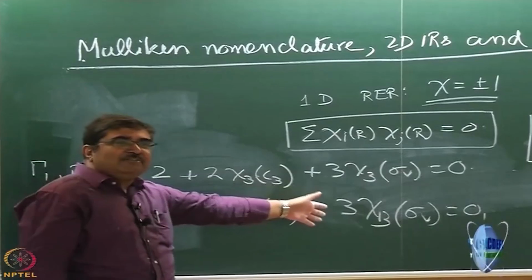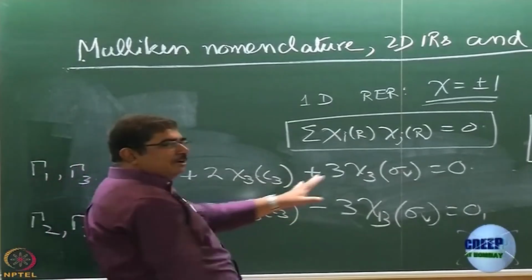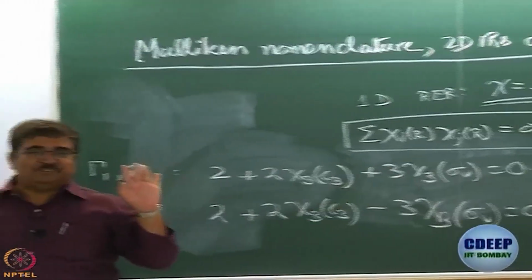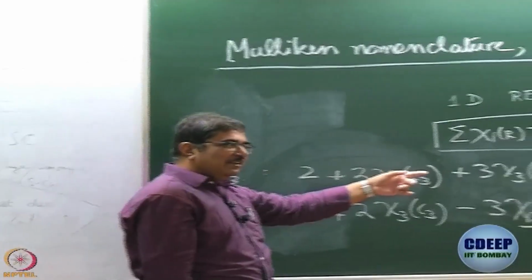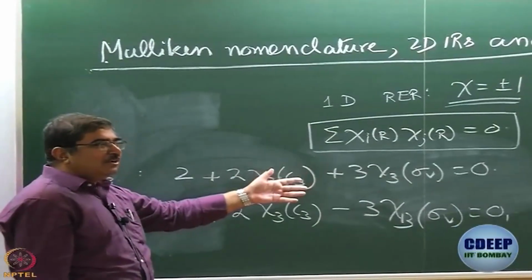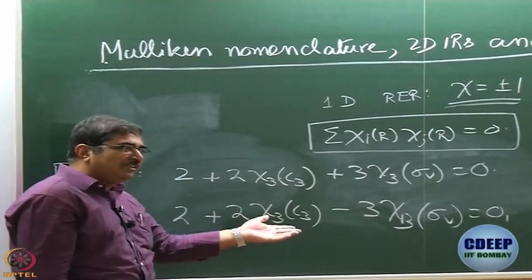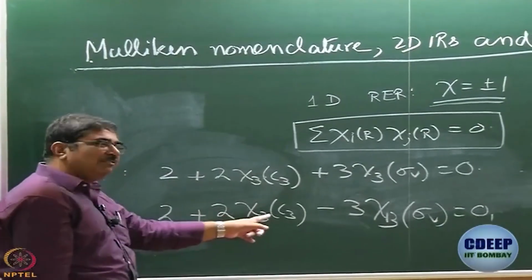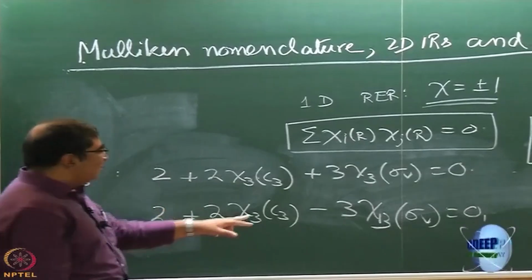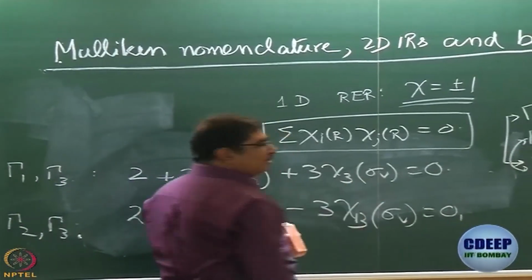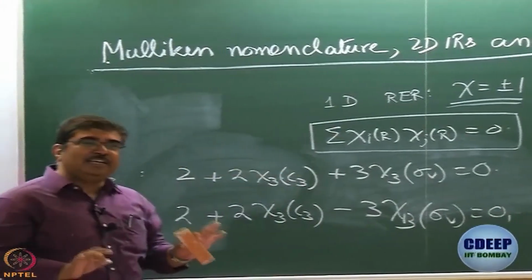First result that I can see from here is that this chi3 of sigma V has to be equal to 0, right, because no matter whether you add 3 times of it or subtract 3 times of it, to 2 plus 2 chi3 of C3, you get 0, right. So, this chi3 of sigma V has to be equal to 0. Do we agree?